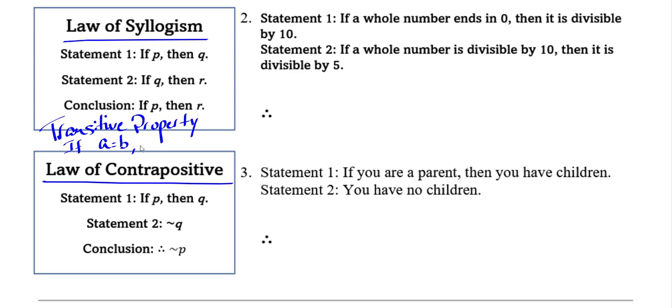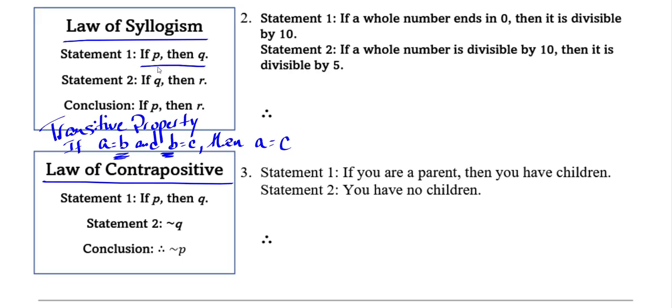If A equals B, and B equals C, then A equals C. So we do not need the middle step. We don't need B at all because we know A is equal to B, B is equal to C, so we can just jump over that middle step and say that A is equal to C. This is the exact same logic. It's just not with an equation. It's just with logical statements.